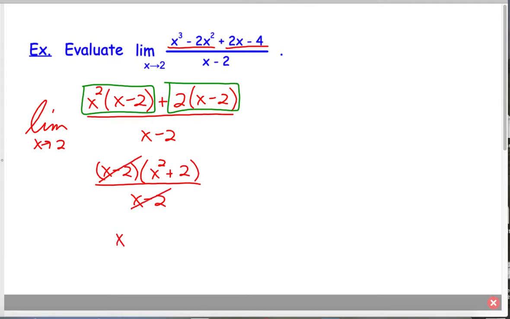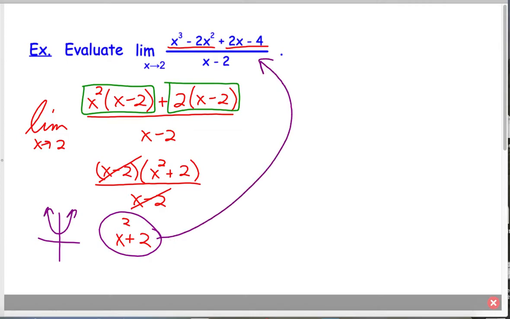And so now x squared plus 2, and here's where some understanding of this graph, y equals x squared plus 2, comes in, and we know what that looks like. That's a parabola shifted up 2 units. That graph is exactly the same as this graph, except this graph happens to have a hole at x equals 2.